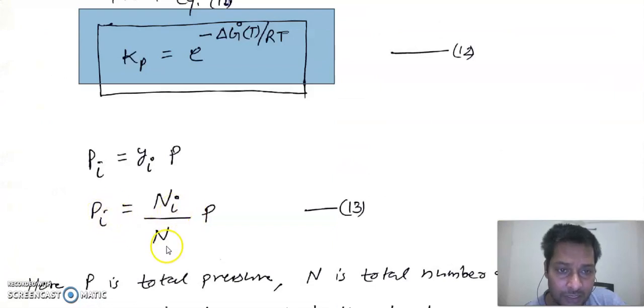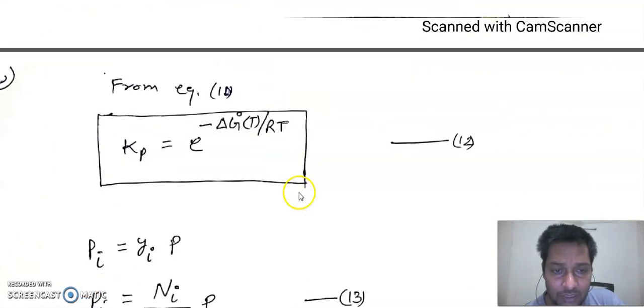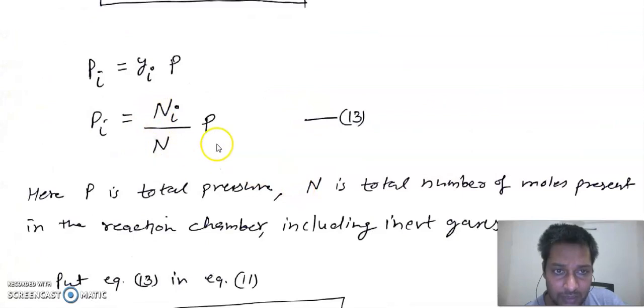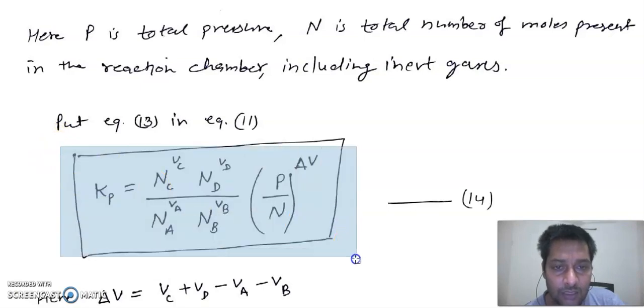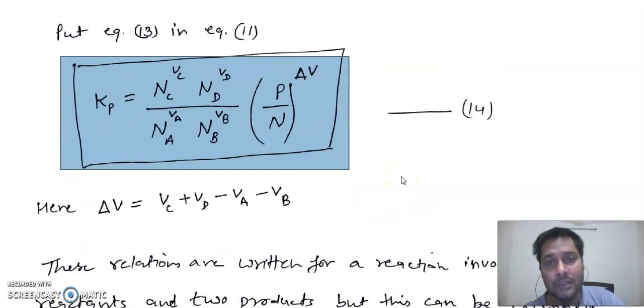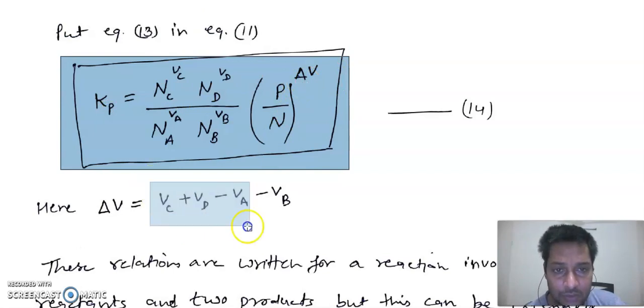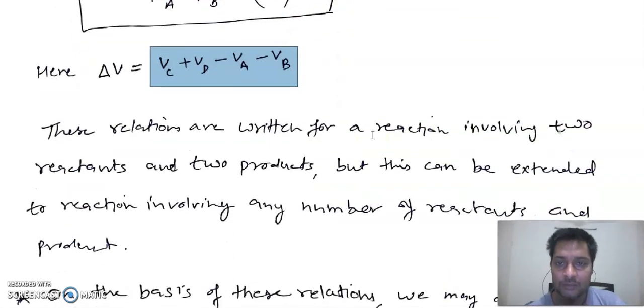Replace these partial pressure terms by Ni by N into P, and you will get this equation. So this is another expression for representing this equilibrium constant. Here delta V is equal to the summation of the stoichiometric coefficients. So this is another form of representing the equilibrium constant.